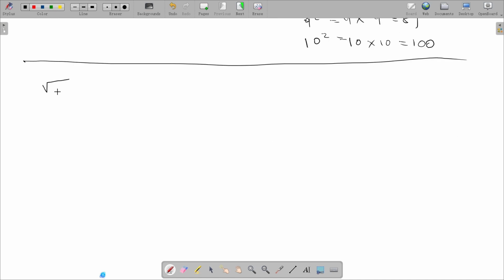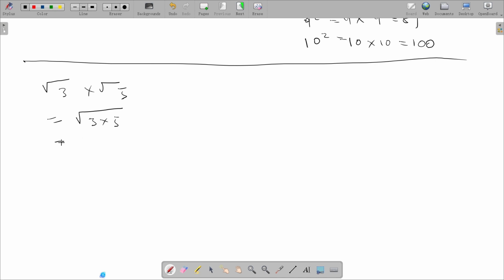If we are to multiply square root of 3 and square root of 5, this can be written as square root of 3 times 5, just like we do in algebra.